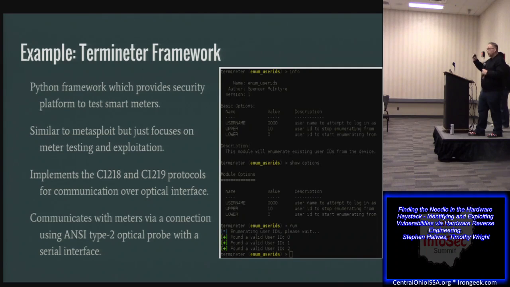It goes through the IR interface on the front of the meters, you connect in, and then you can actually send commands and query the meters and that sort of thing. It implements the C1218, C1219 protocols for communication, and this is a really neat testing framework for these meters. It seems like this has a lot of support online from the community, so I don't think this is going away anytime soon.